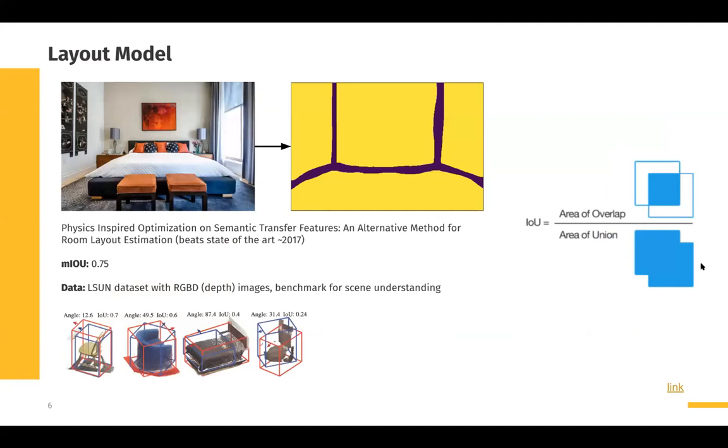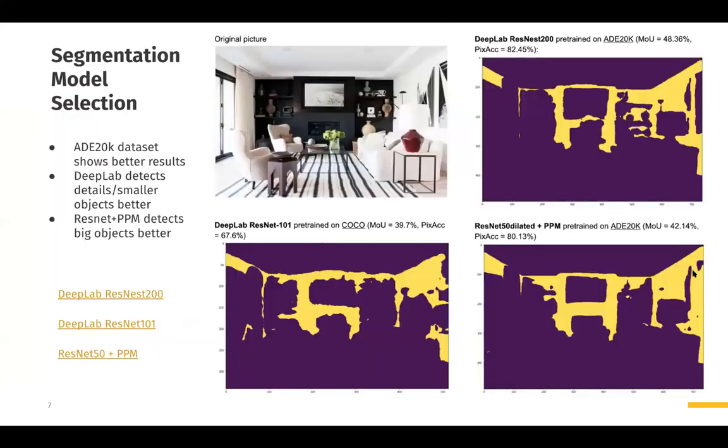As for the layout model, we used a neural network based on a paper called Physics-Inspired Optimization and Semantic Transfer Features. It was presented on CVPR in 2017 and was considered state-of-the-art, so that's why we used it. As for segmentation model, we tried different models trained on ADE20K.